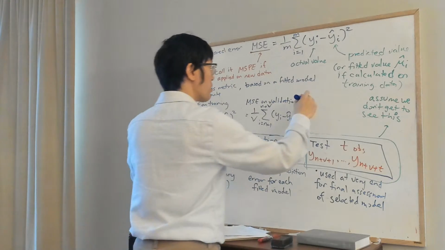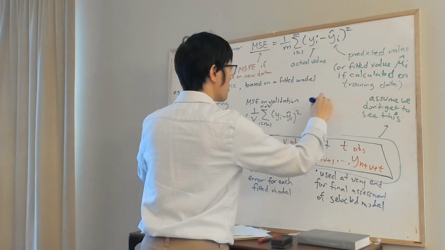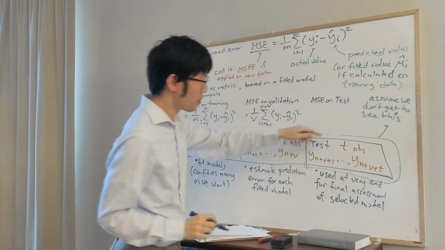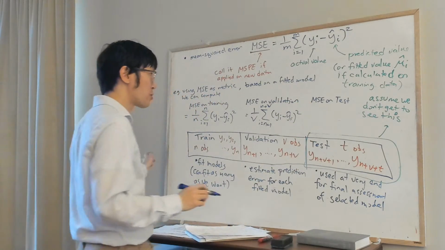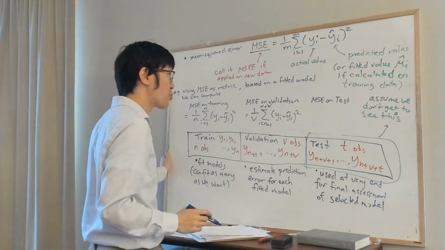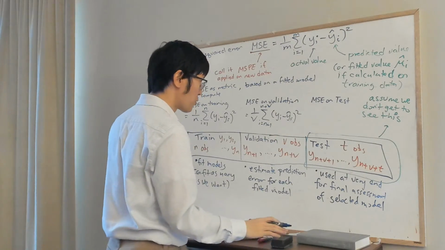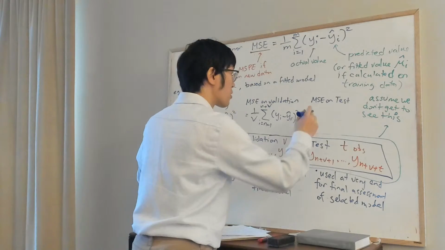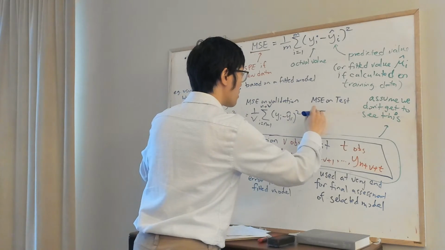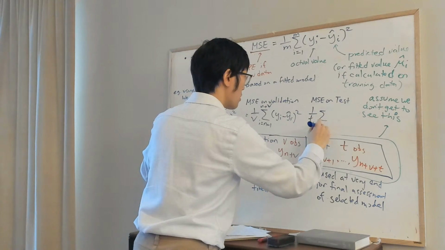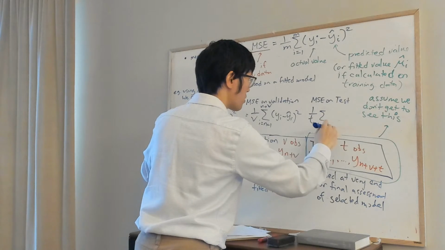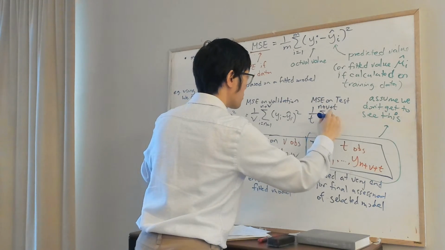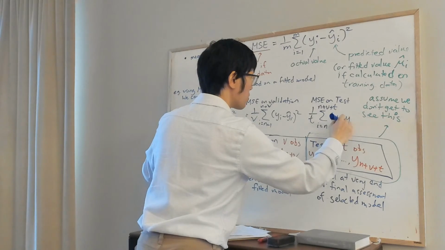And then finally we can calculate a mean squared error on our test sample. Once the observations actually come out, we can finally assess how well our model did for, say, a real-world prediction task. So this will be 1 over t, where the index is n plus v plus 1 up to n plus v plus t; those are our test sample.